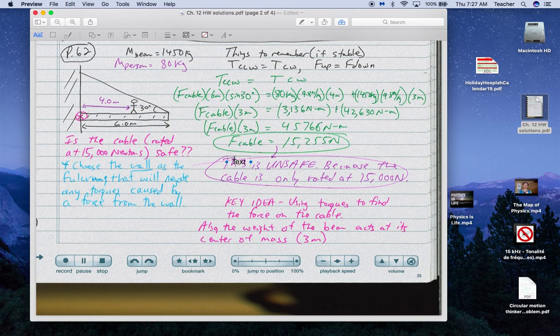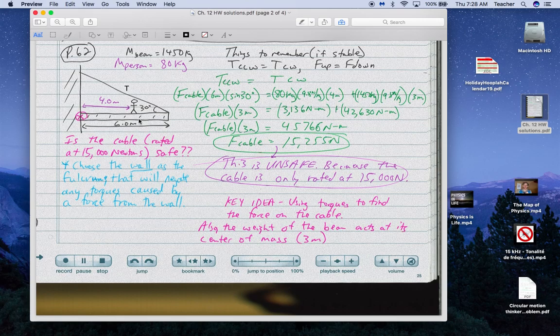T for tension. Anyhow, in this particular case, when I put the fulcrum there, the counterclockwise torque is caused by this tension. It's at a 30-degree angle from the perpendicular. So I said F cable times 6 meters away, times sine of 30 degrees, which gives me the vertical component.